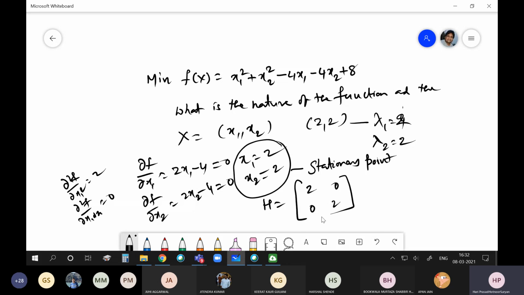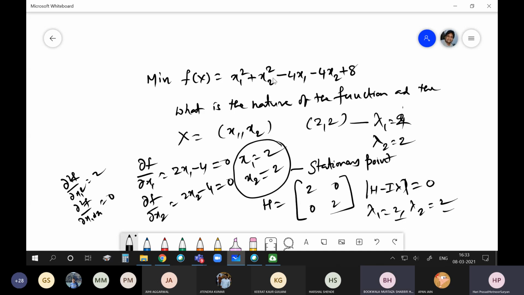Am I correct? Then determinant of h minus lambda I equal to 0. When you solve, you will get lambda 1 as 2 and lambda 2 as 2. So here lambda 1 and lambda 2 are positive, so you will have a minimum. Do lambda 1 and lambda 2 depend upon x1 and x2 here? No. So what can we say about this local minima? Is it a global minima?